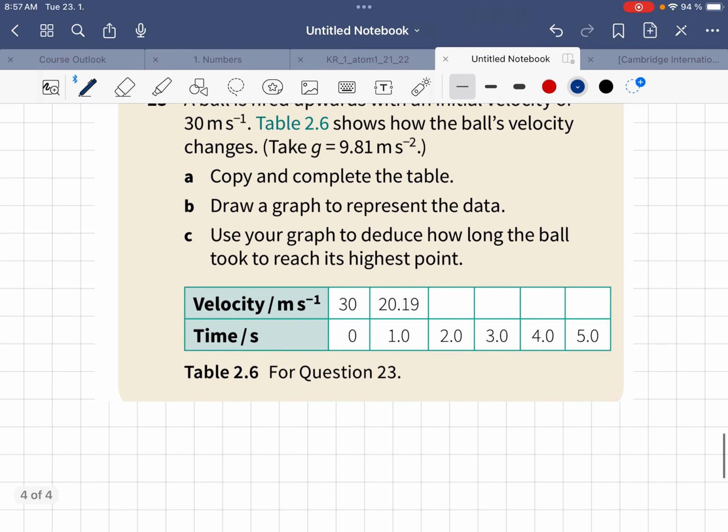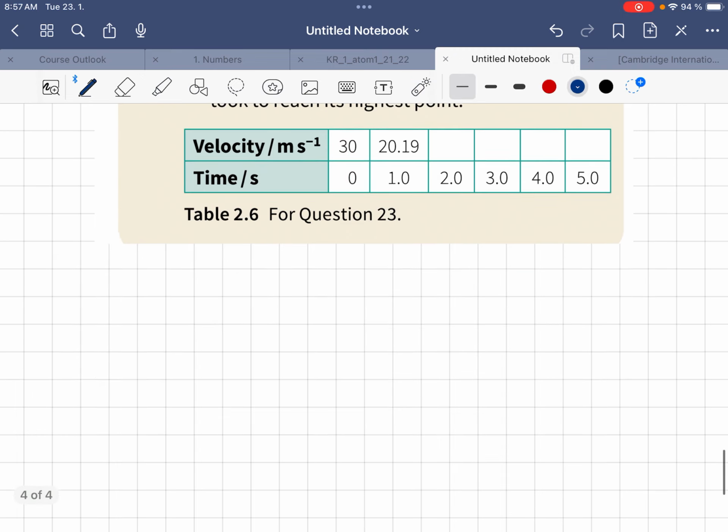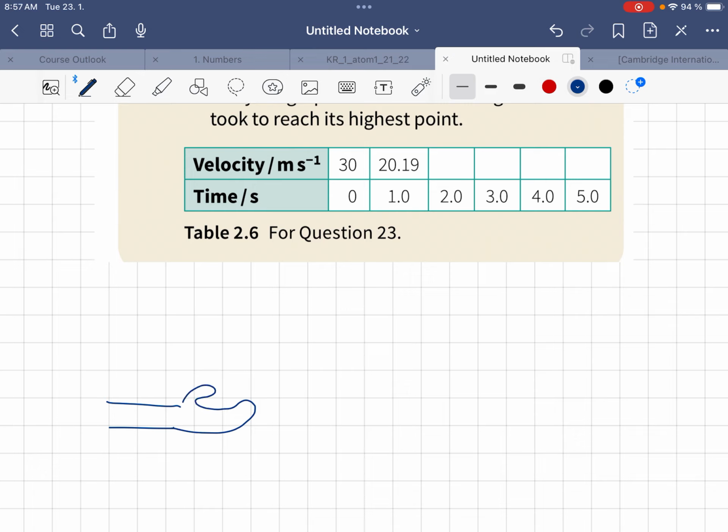First of all, look at the values that we have. They already gave us that the initial velocity was 30, and that was at time 0. As soon as you threw the ball up, we can have a small representation. Here's your hand, and the ball was in your hand.